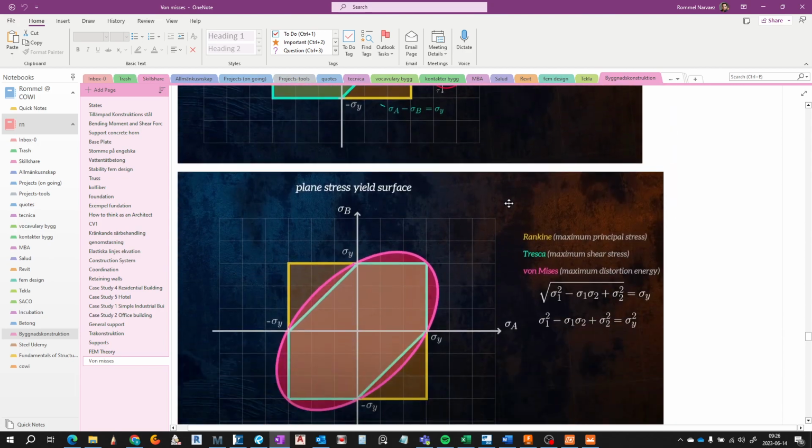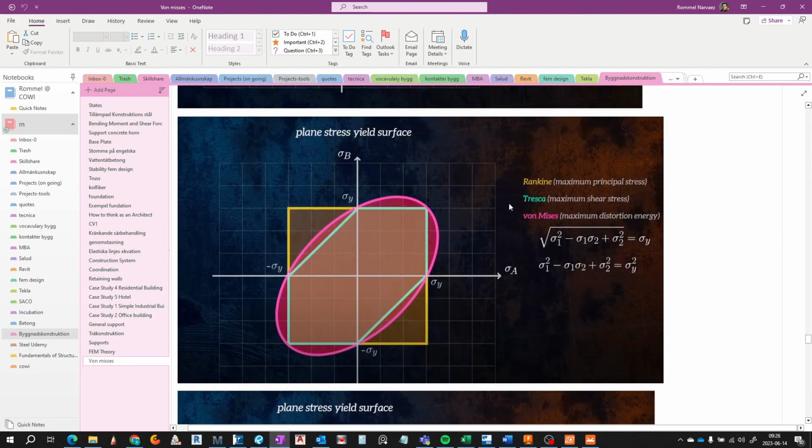And this means, very simply, that we have a plane stress yield surface here, and the ellipse is the von Mises yield, the maximum distortion energy. Here you see the principal stresses, and you have a square strength of material in a square form, which means that it is an ellipse.